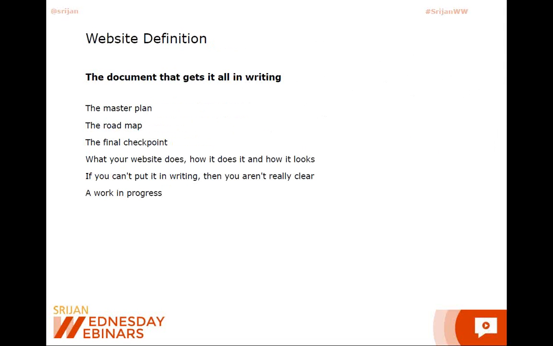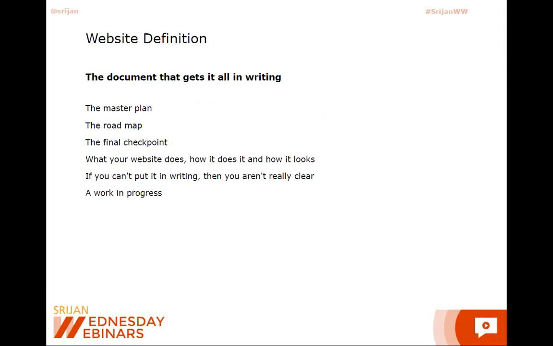You want to make sure that you've got your website definition document. It's easier to change something on paper than it is to change it once you've got a site that people are using. So you want to make sure that you've done a good job of creating this website definition document, because it tells you what your website does, how it does it, and how it's supposed to look.